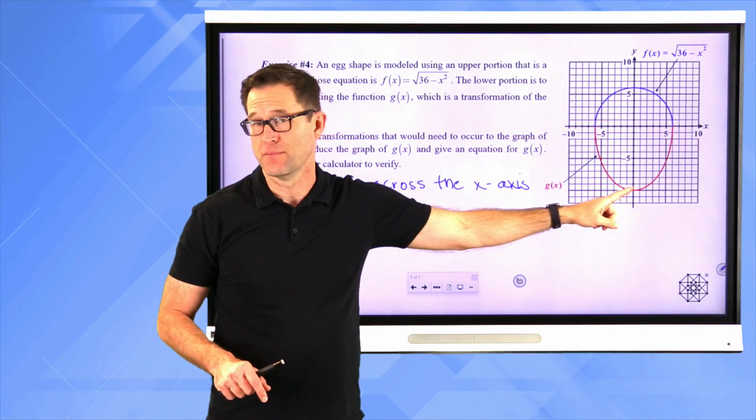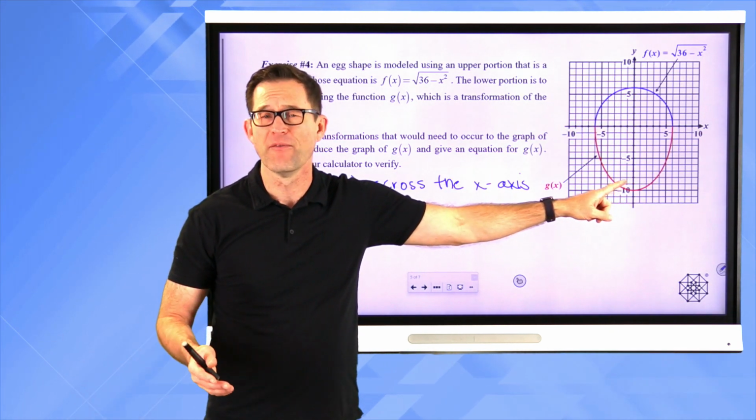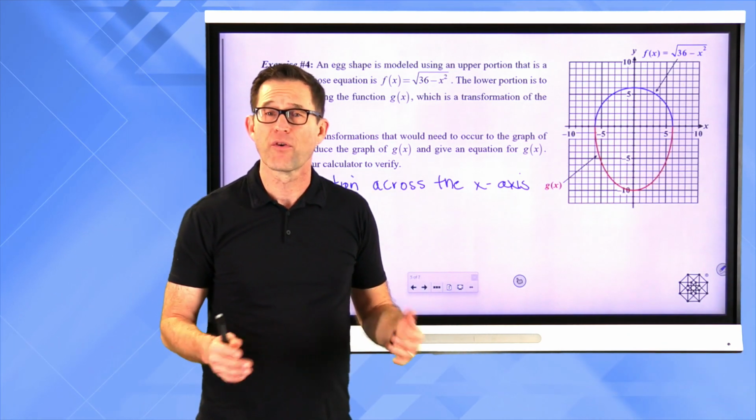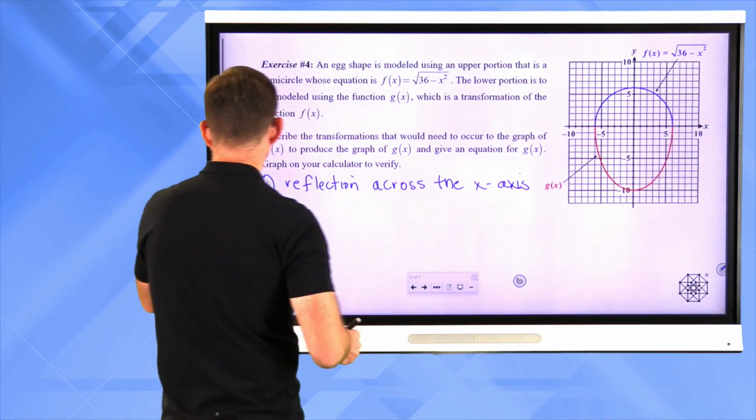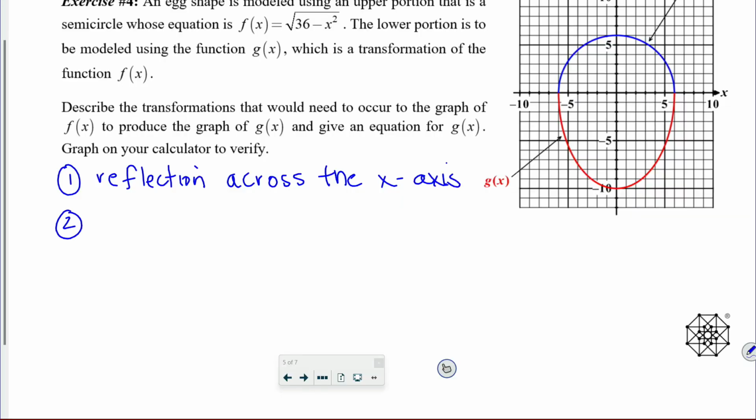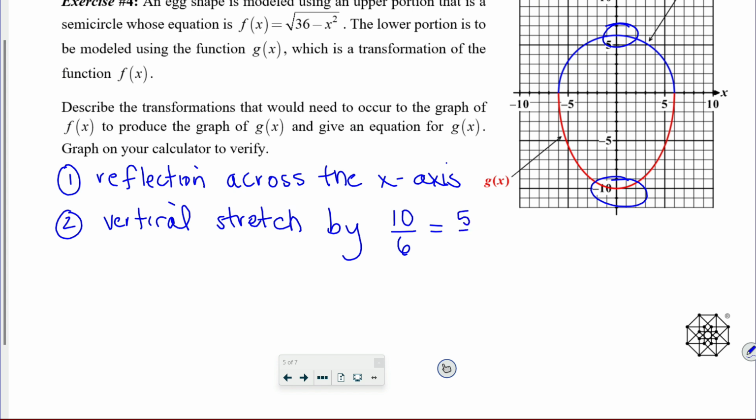This one has a peak value, or minimum value, 10 units away from the x-axis. So I'm going to do a vertical stretch. And I can think about the factor by basically taking this value and dividing it by this value. Thinking about that 10 divided by 6 gives me a factor of 5/3.